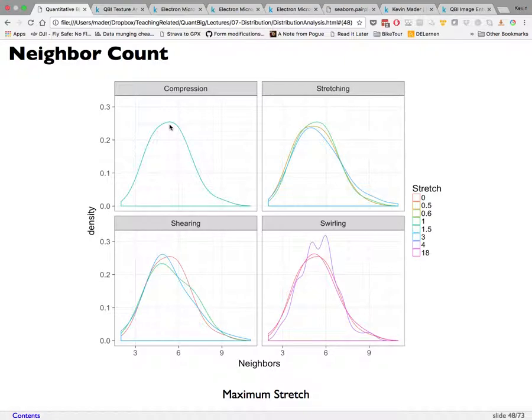Of course, the lengths have gotten longer or shorter, but fundamentally the structure has not changed massively. We see with stretching that there are small shifts in the neighborhood count, so you start to move up this curve a little bit. With shearing, we see some changes happen as well. And with swirling, we start to get very weird behavior.